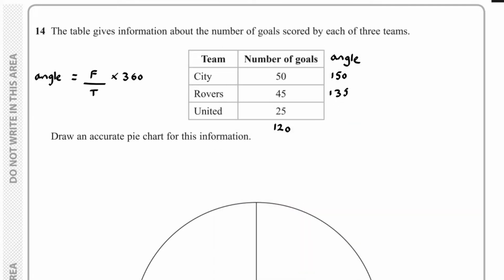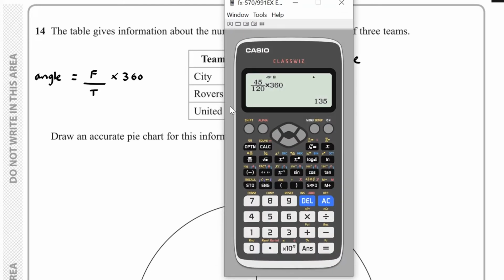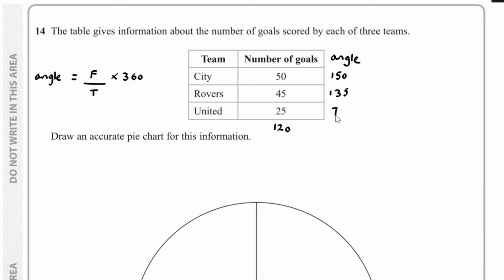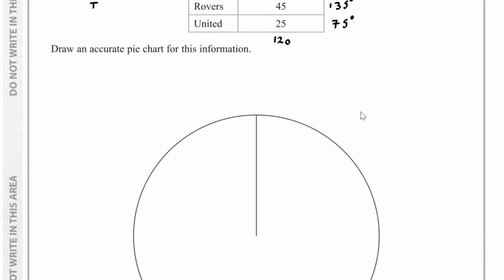And United, that's 25 divided by 120 times 360, which is 75. So these are our various angles.